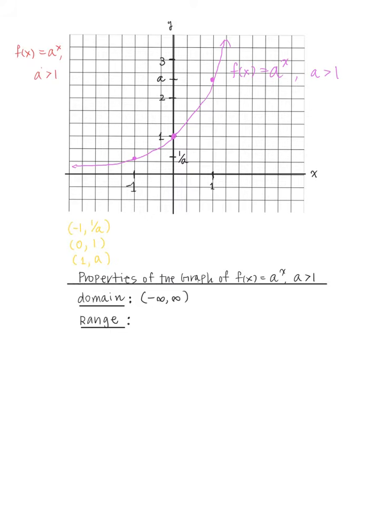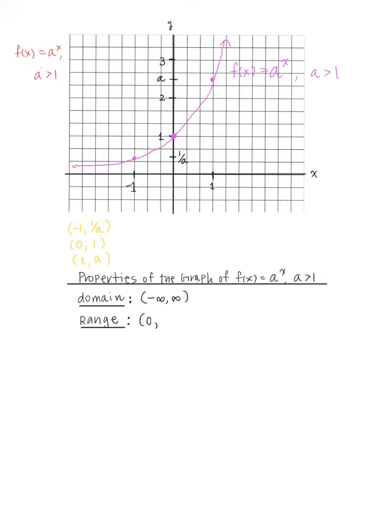It's going to get very, very close to the x-axis, which means that y is 0. But since the tail end of the graph is never going to touch the x-axis, you're never going to reach the value y equals 0. So the range is going to start with an open parenthesis at 0, which indicates that 0 is not in the range.